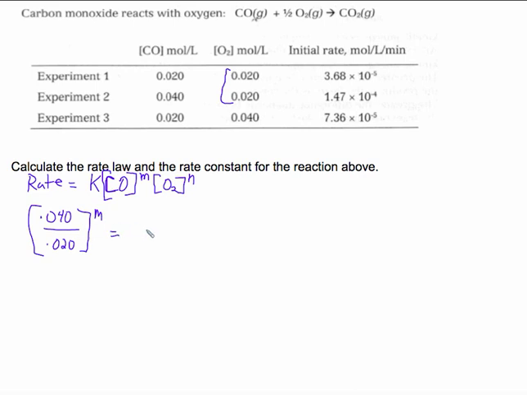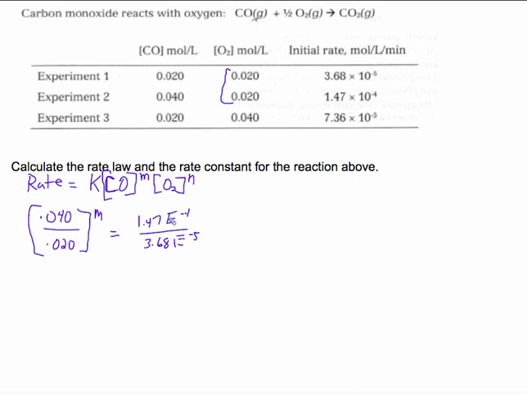Now we're going to see how these concentrations affected the rate. So I'm going to put the 1.47 e to the minus 4, and divide that by 3.68 e to the minus 5. What's really important is you have to keep it in line.